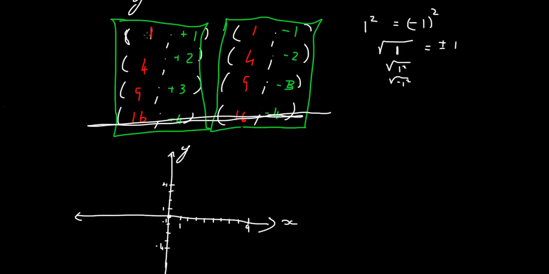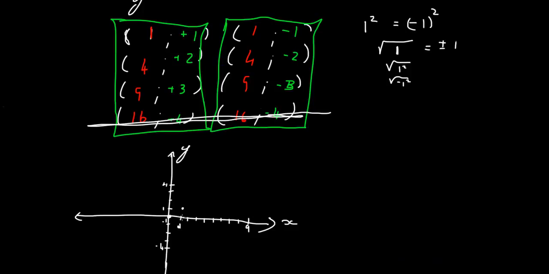Okay, so let's start sketching our ordered pairs. We've got x equals 1 and y equals plus 1 and minus 1. So let's draw both of those ordered pairs. We'll draw this one first, 1 and 1. And then we've got 1 on the x and minus 1 on the y, which is this point here. Then we've got 4 and 2 and 4 and negative 2.